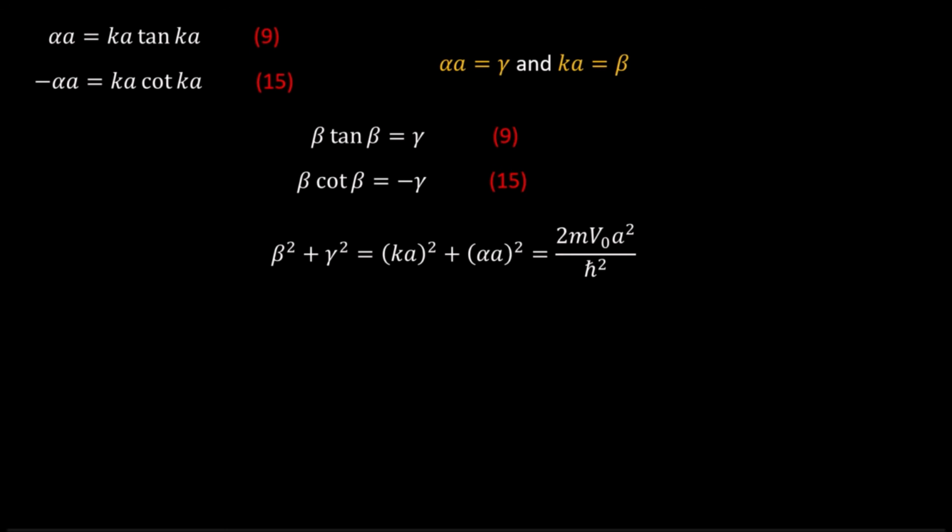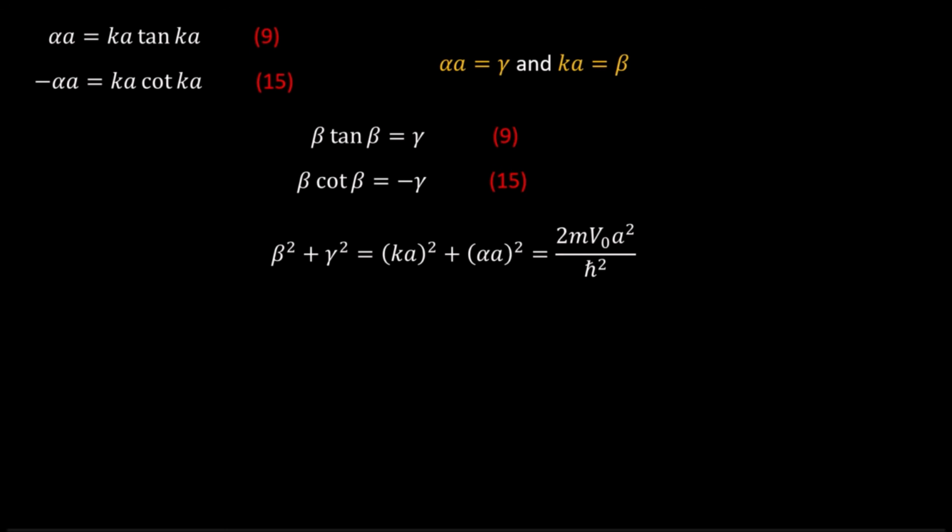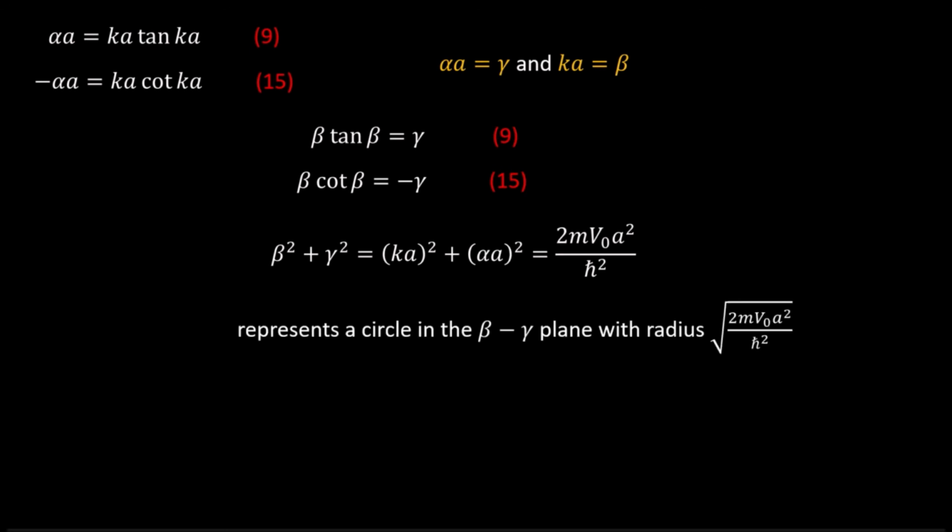This equation represents a circle in the beta gamma plane with a radius square root of 2m v0 a square by h cross square. To get the solution, let's plot beta tan beta and beta cot beta against beta, along with circles of radii square root of 2m v0 a square by h cross square for different values of v0 a square.